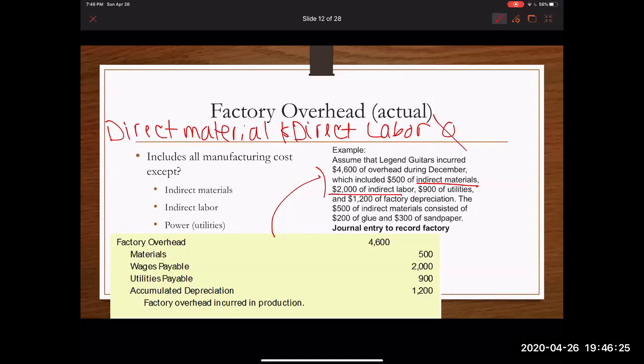All of that would be considered materials or wages payable. But if you look more into detail, we would realize that this is an indirect labor or indirect material because it's not significant to the process. And then all the other ones we are maybe quite familiar with. All right, that's pretty much what I have on that one.